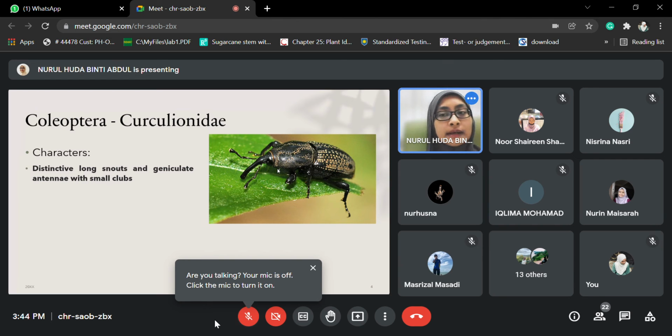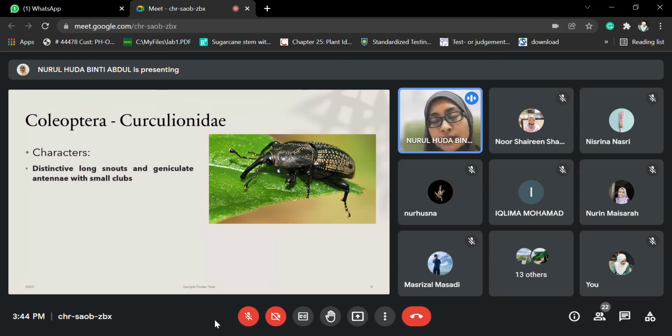Other than they have elytra, what are you going to say about elytra? Apa yang kamu nampak? Anyone want to try? Metallic color. Yes, metallic color, and you can say that okay, it's black metallic color.